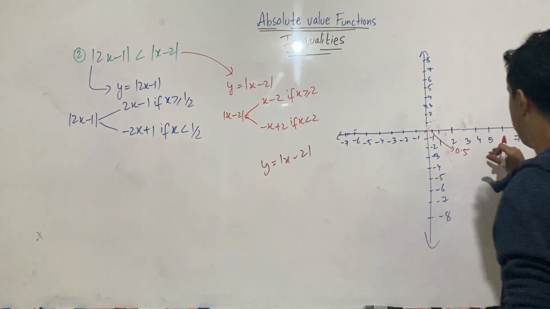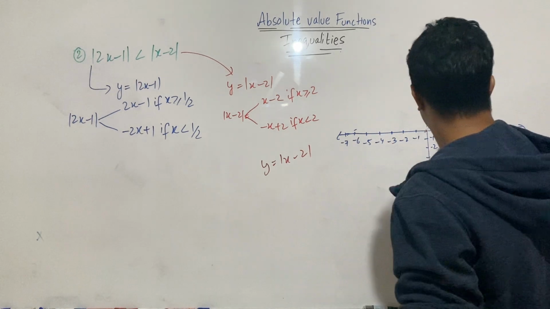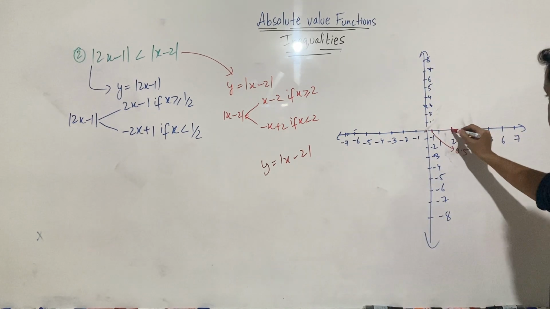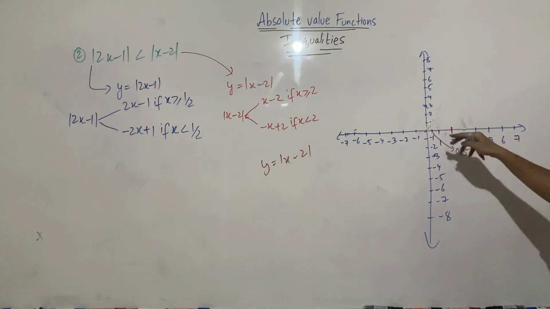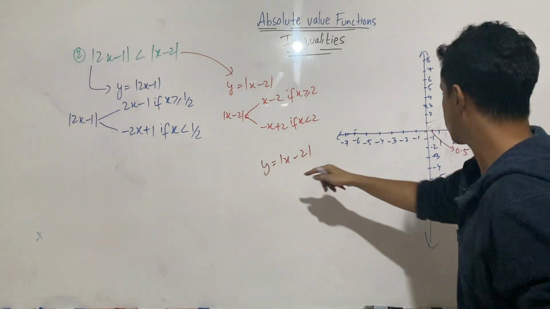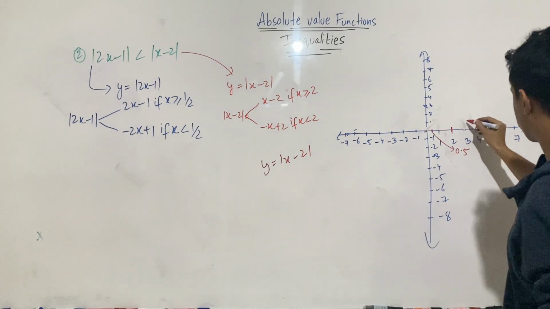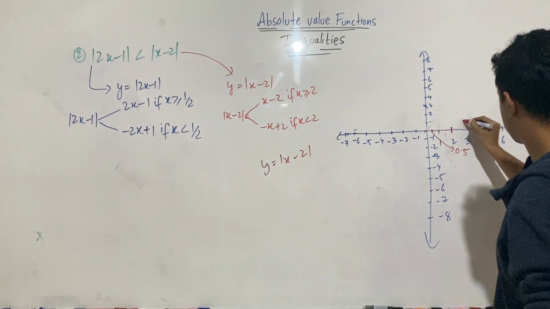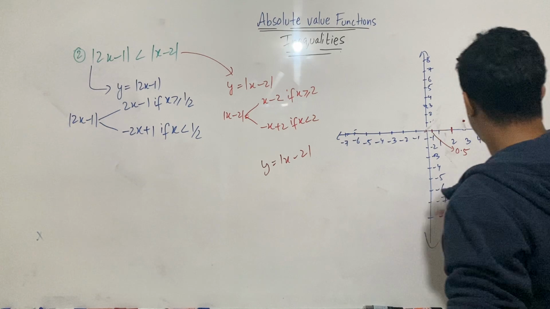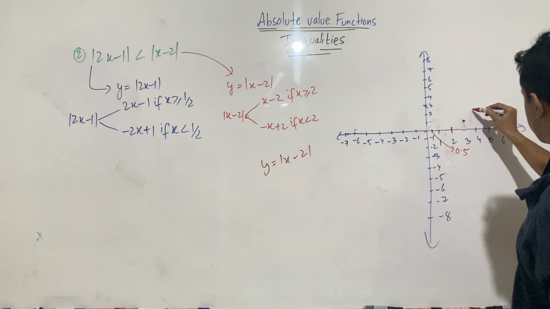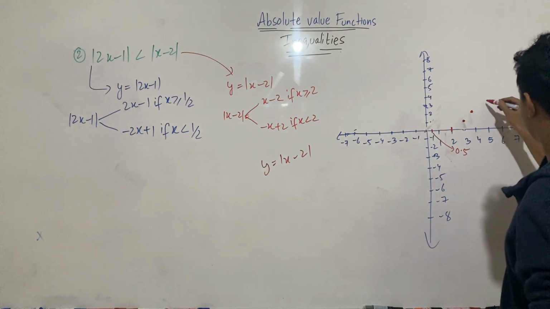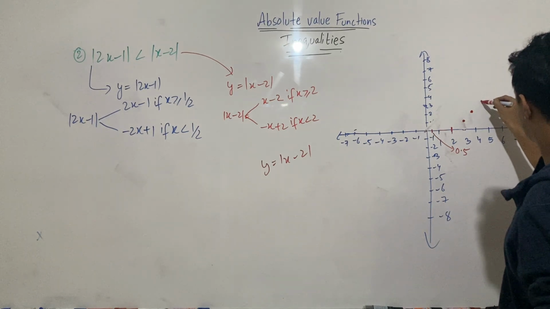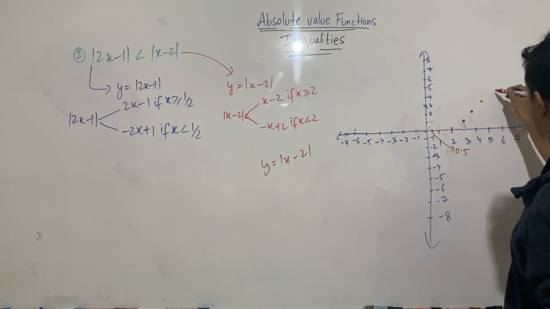So here now this is 2, so let's take some greater values. For 3 it's going to be 1, means this point. For 4 it's going to be 2, for 5 it's going to be 3, for 6 it's going to be 4.